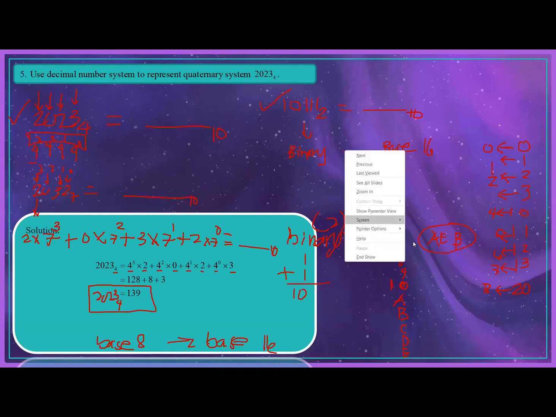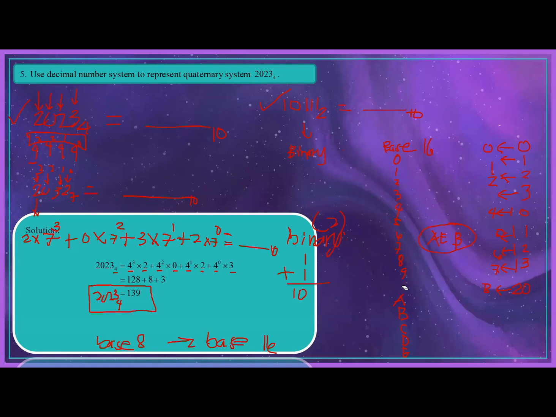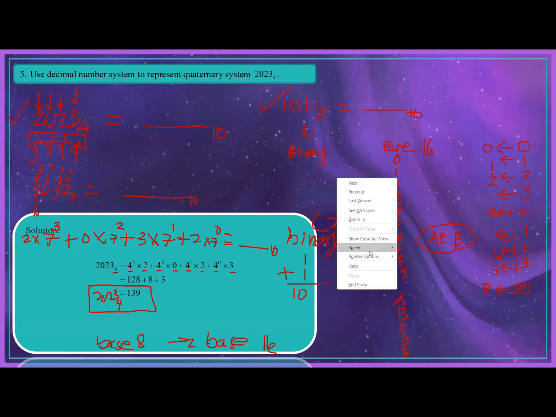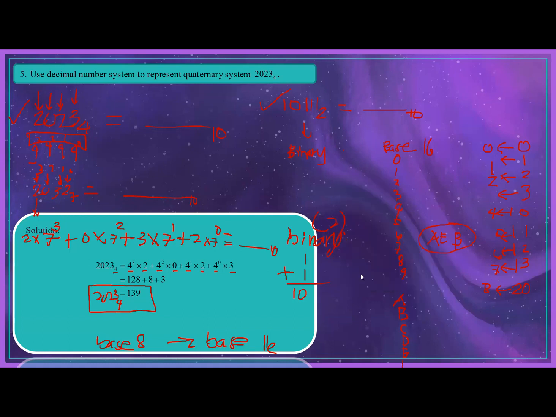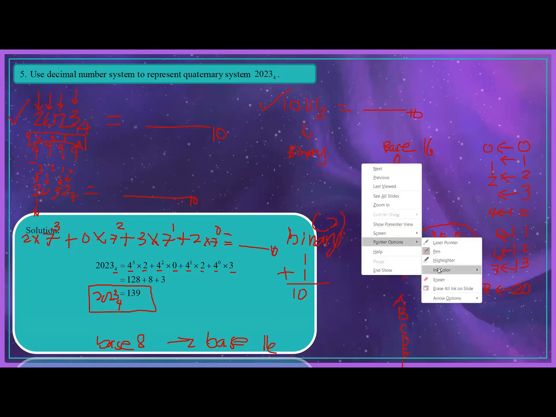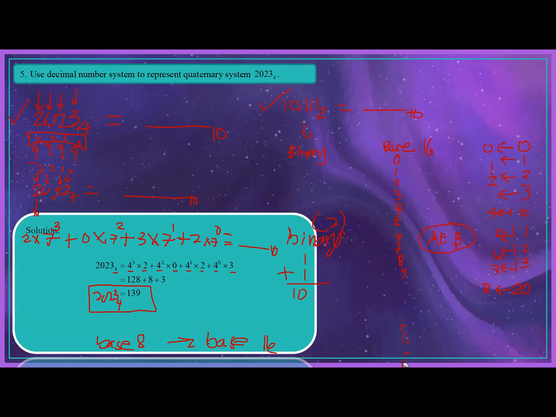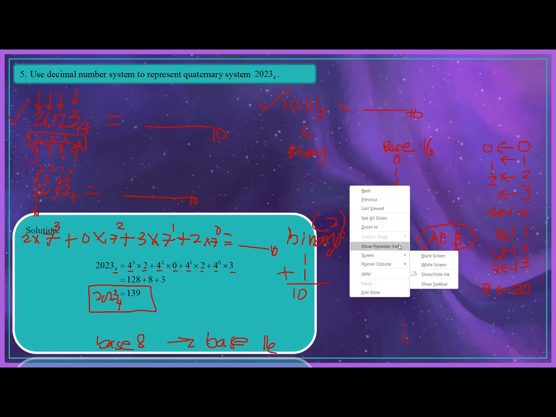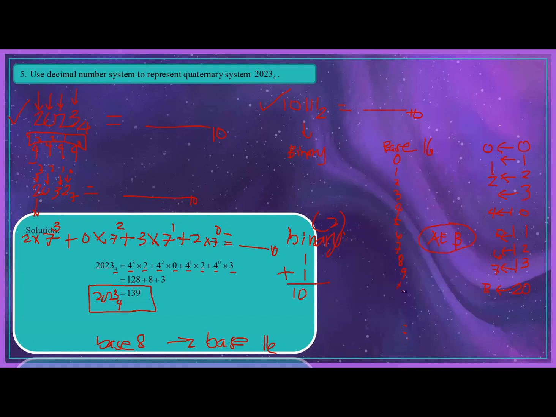So our last number would be F. So basically 1 to 9, then A, B, C, D, E, F. Thank you for the correction.